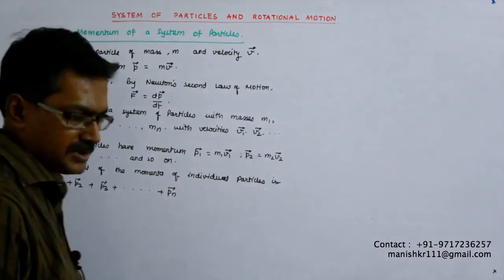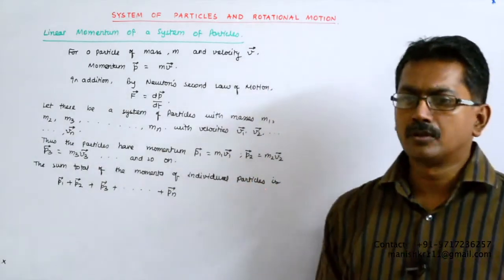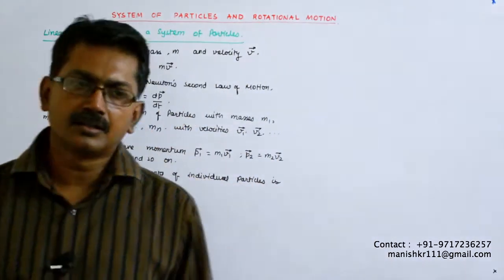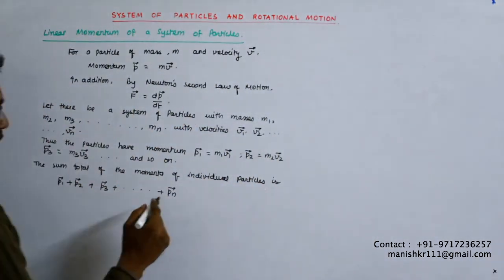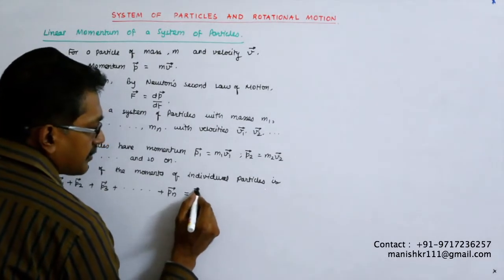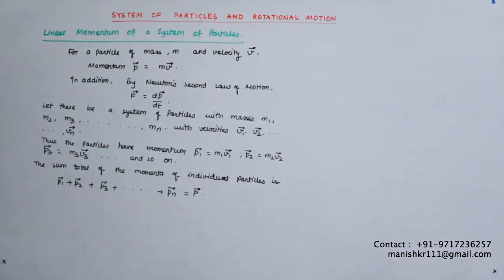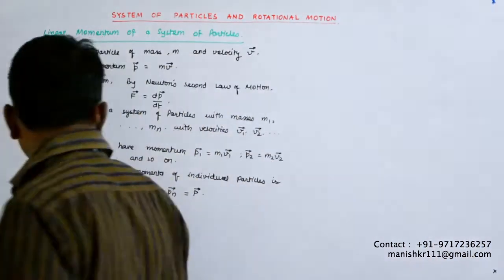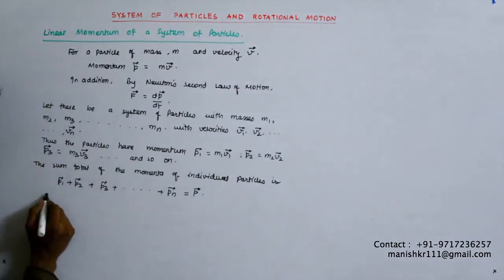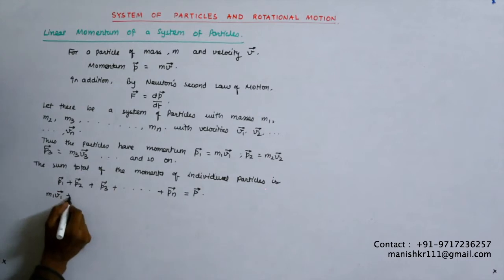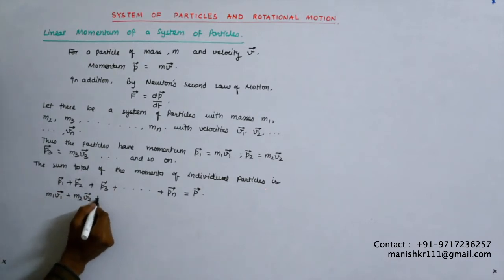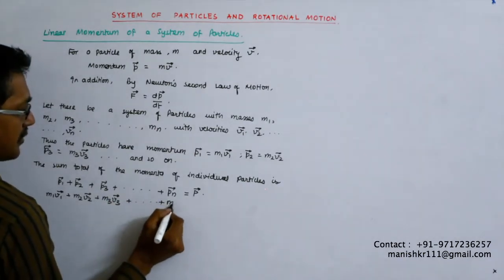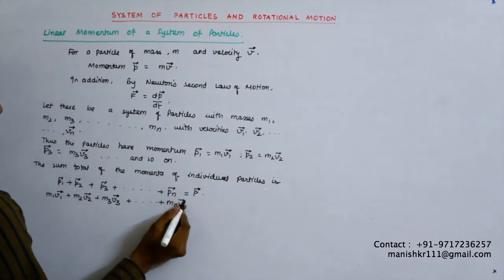Okay, so that is the sum total of the momentum of individual particles, and that I call the momentum of the system as a whole. So I designate this as P. Vectors sum like vectors, and that is all. Fine. So it is m1 v1 plus m2 v2 plus m3 v3 plus mn vn.